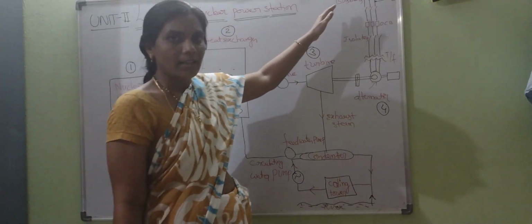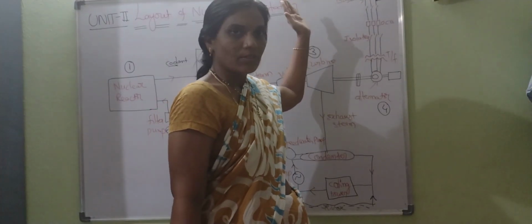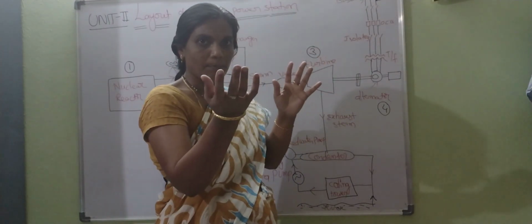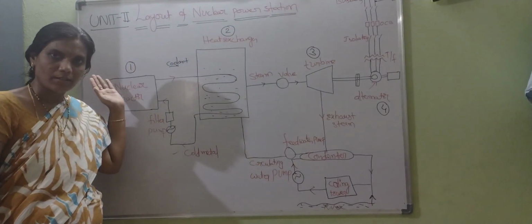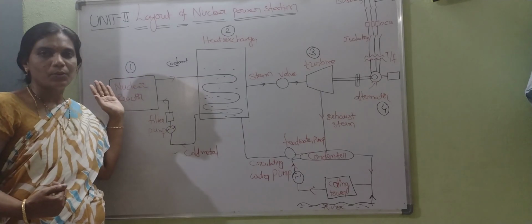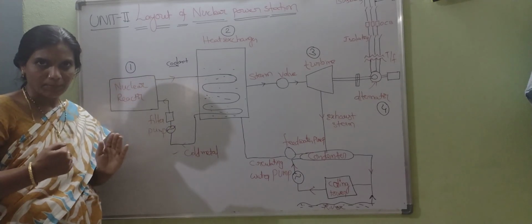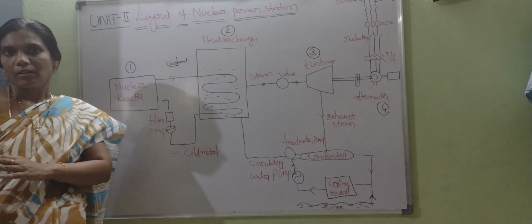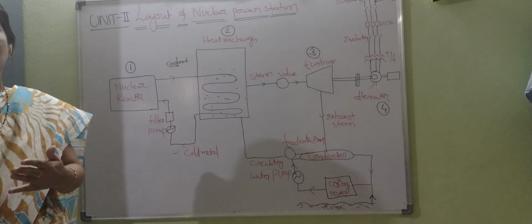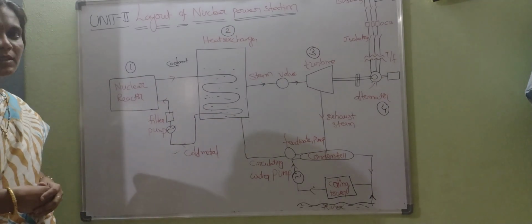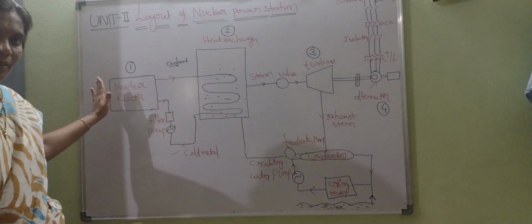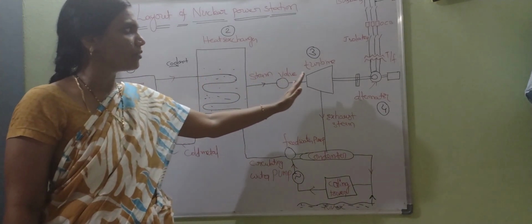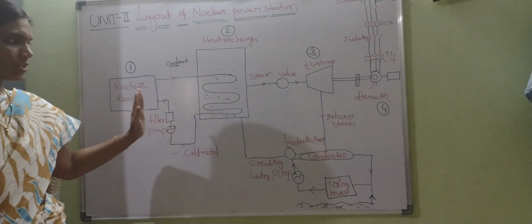From this generating station we transfer the power to the transmission system and then the distribution system. There we use transformers to step down the power and distribute it to our consumers as required. That is the whole function of each and every part of the nuclear power station.